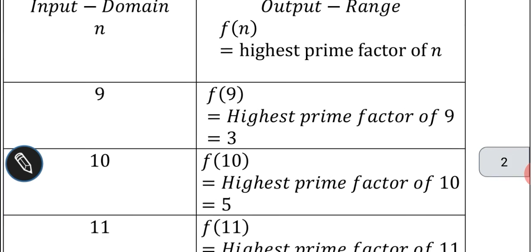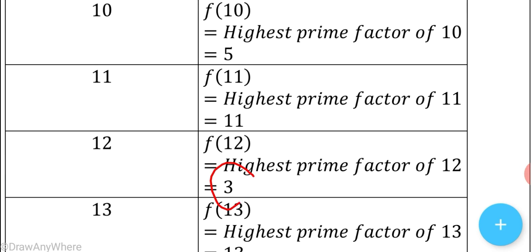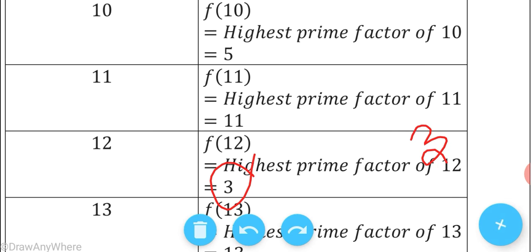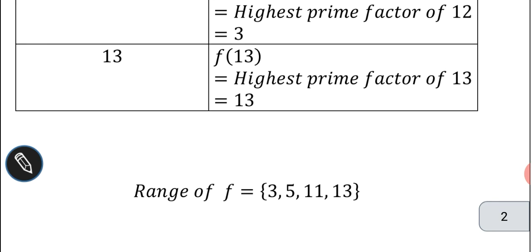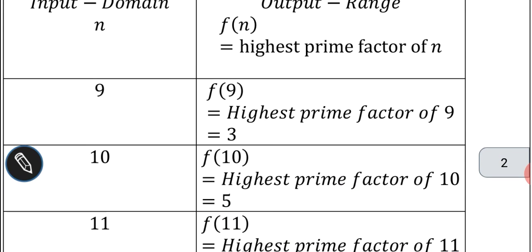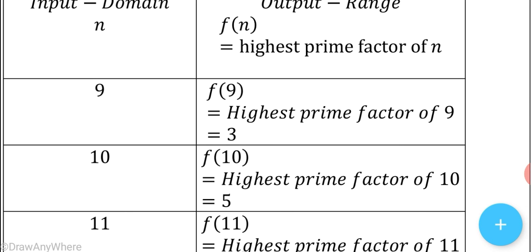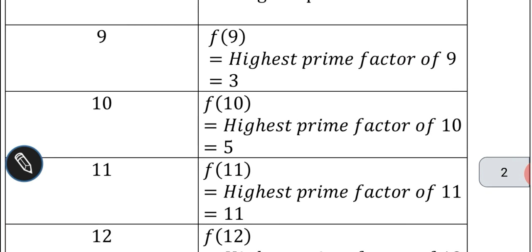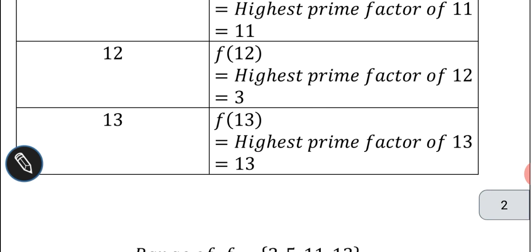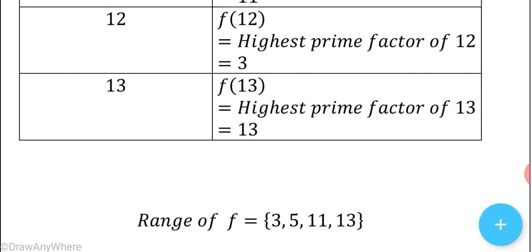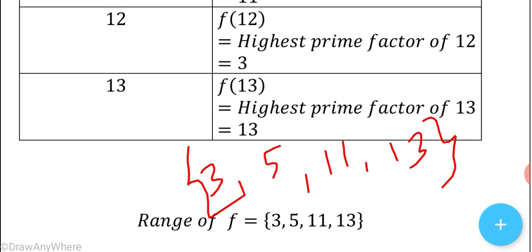Instead, we have to write the number 3 only one time. So the range is 3, 5, 11, 13.